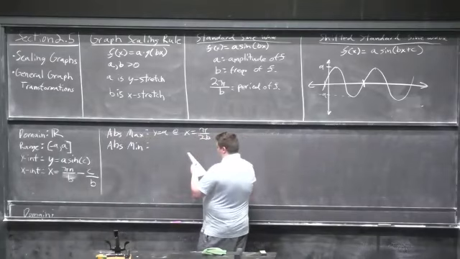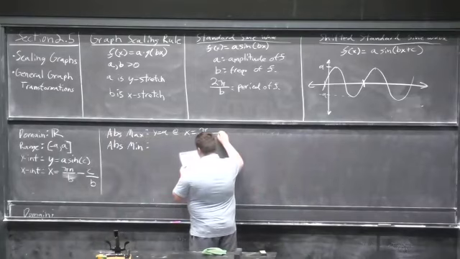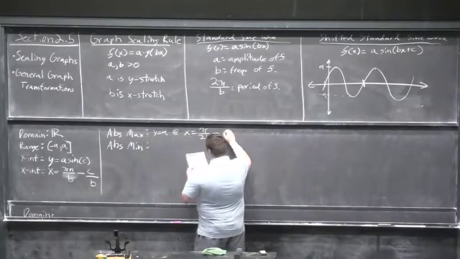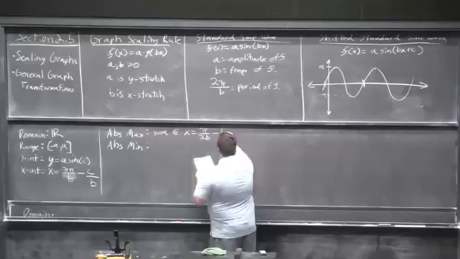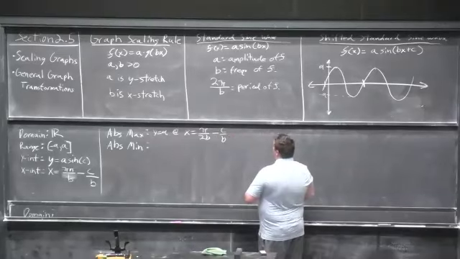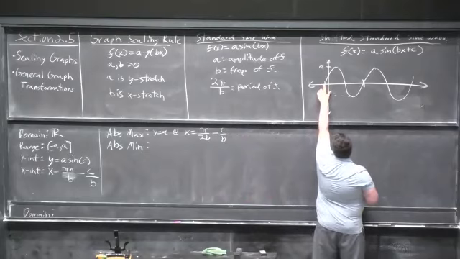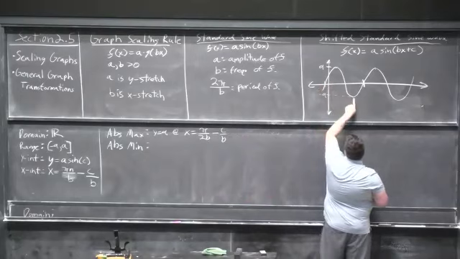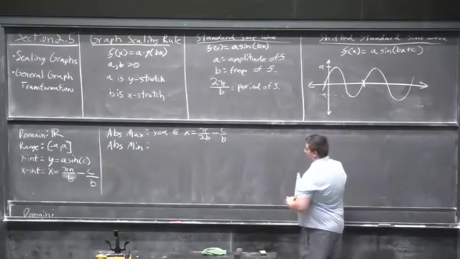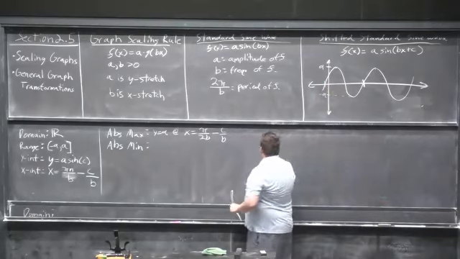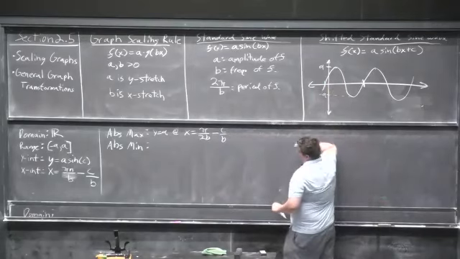And then what we want to do is subtract c over b, because this accounts for the phase shift and then how far we had to go to get to the first peak.